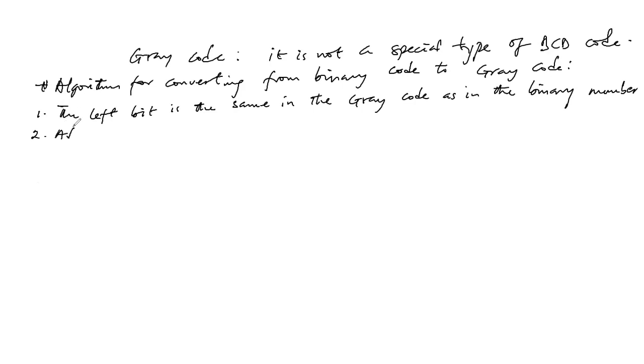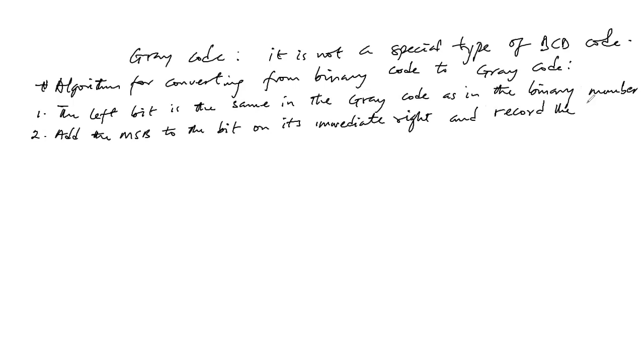Then add the most significant bit to the bit on its immediate right, then record the sum. In this case, we are going to neglect the carry in the gray code line.